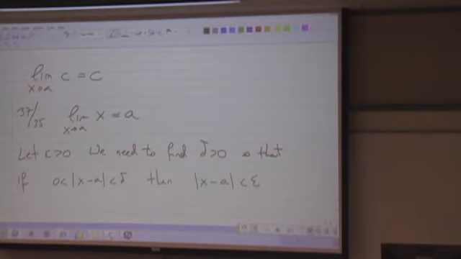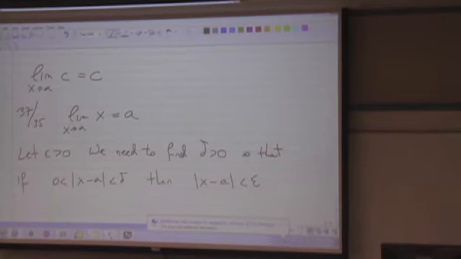What is delta? Epsilon. Is everybody seeing that? Yeah. So just think about the fact that if this was easy, the other one should be even easier.